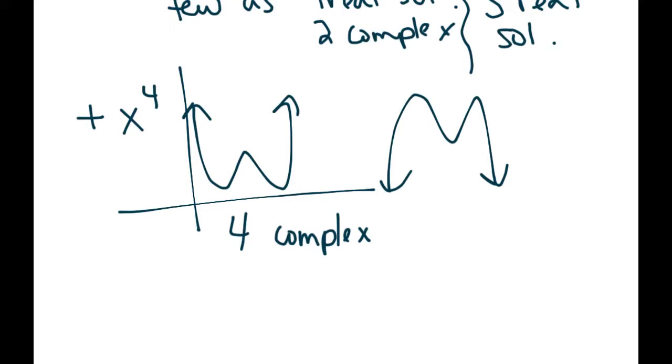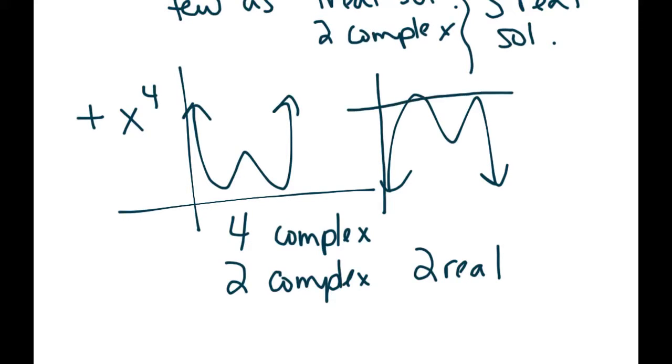Or it could have a double root, so it can have 2 complex and 2 real. Or it can have 4 real and no complex.